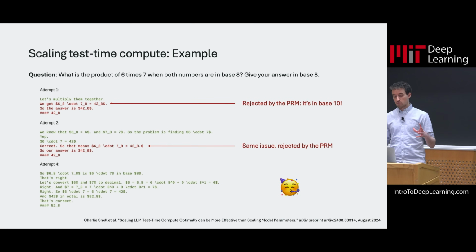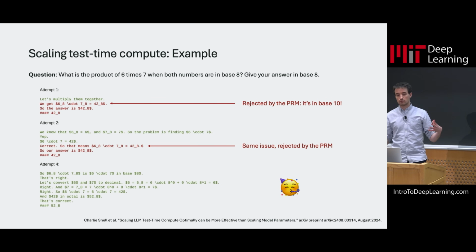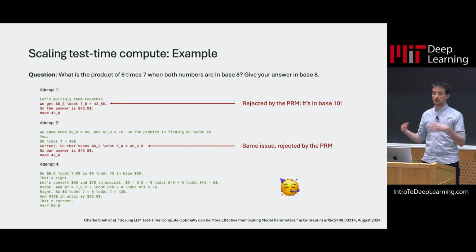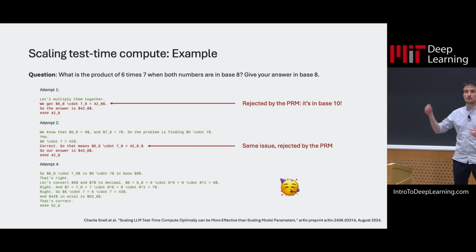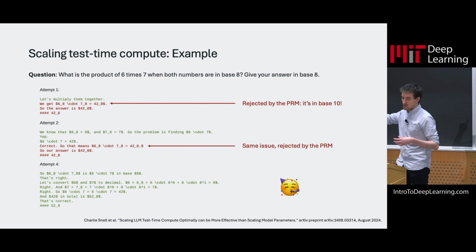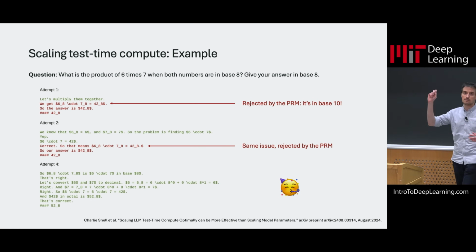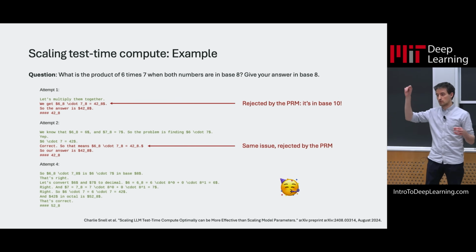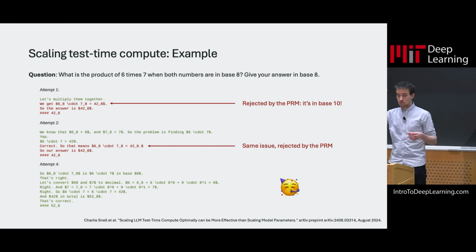So an example of that is this question: what is the product of 6 times 7 when both numbers are in base 8? Give your answer in base 8. Here you see the first step was correct in attempt 1. Let's multiply them together. The second is wrong because it's in base 10 and not in base 8. So the attempt is wrong. We skip to attempt 2.